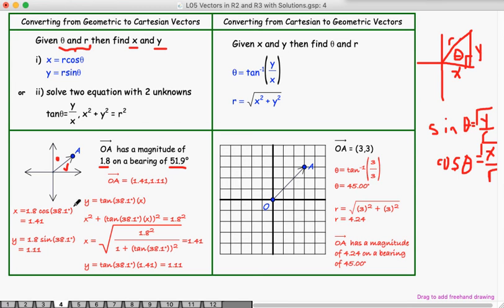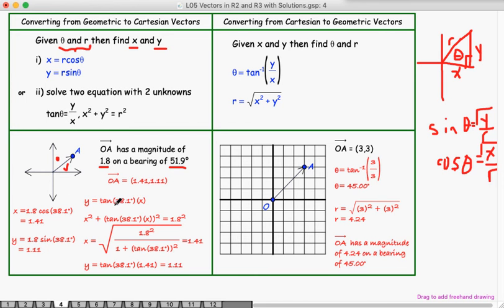We have to do 1.8 times cos of 38.1, because I did say a bearing of 51.9, which is the angle between our vector and the y-axis. We need the angle between the vector and the x-axis because that's how our trig functions were defined. So to find y, we could do r times sine of 38.1, giving me 1.11. I think that's nice and quick and easy.